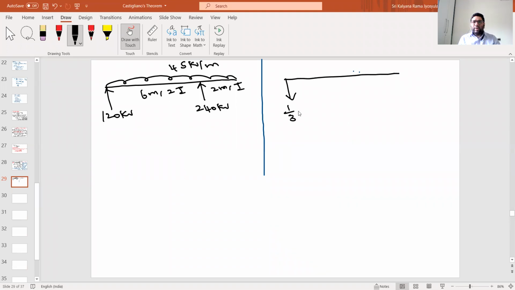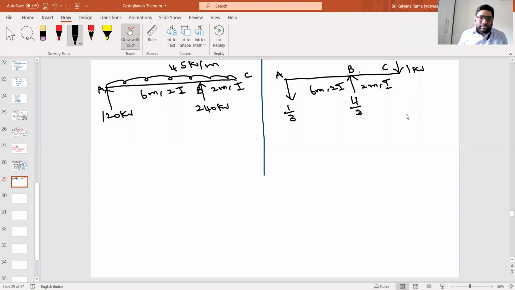So RA downwards 1 by 3, RB upwards 4 by 3, 6 meters 2I, 2 meters I, and we have load 1 kilonewton. So let us take this as A, B, and C.